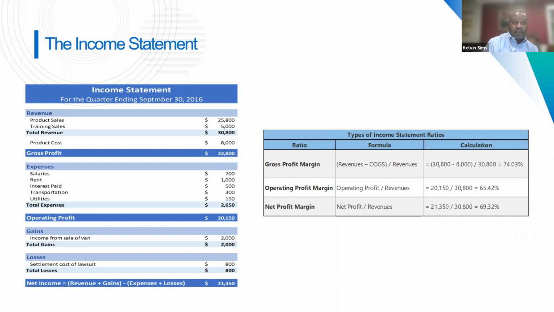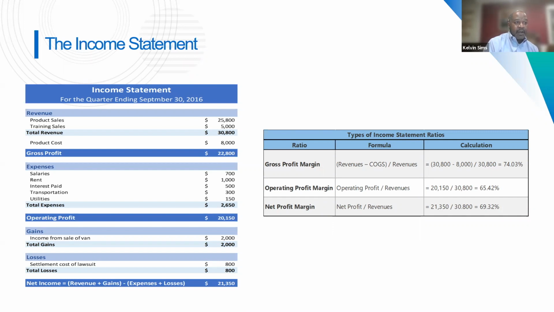Very good gross profit margin. You take a look and say my product sells at 25,800 at a product cost or cost of goods of 8,000. That's a very good return on your investment of your product cost. And so the gross profit margin would be 74.03.